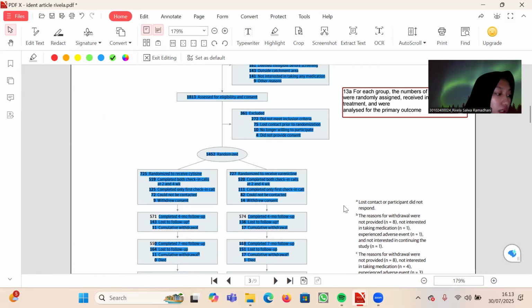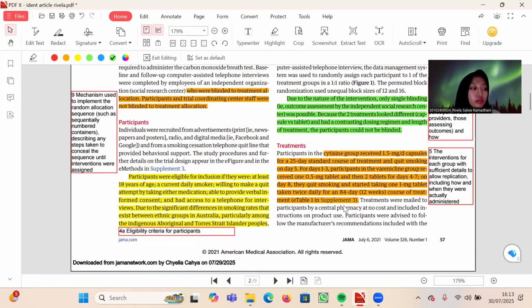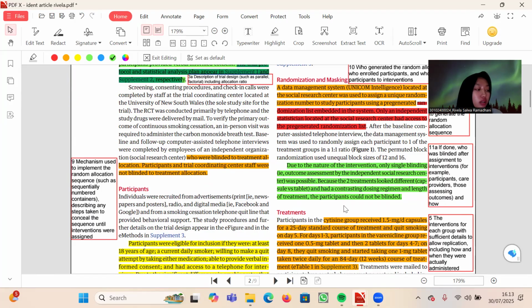Follow-up was complete in January 2020. Next, for item 15, baseline characteristics. They present demographic and smoking characteristics in a clear table.